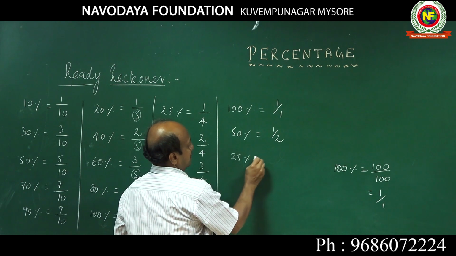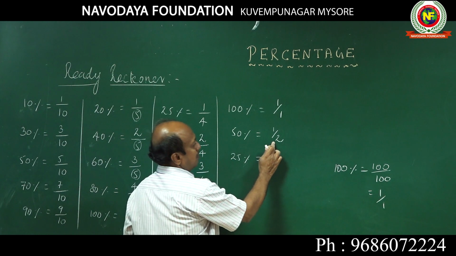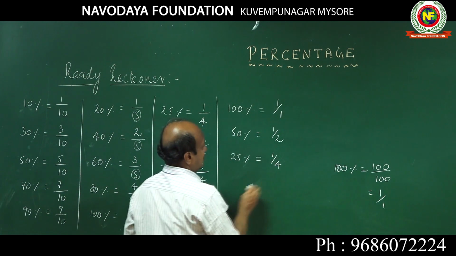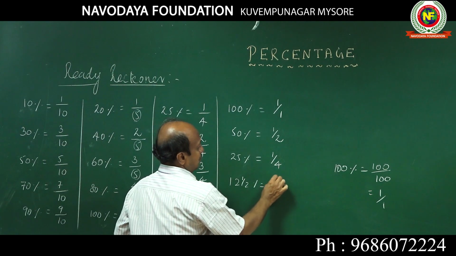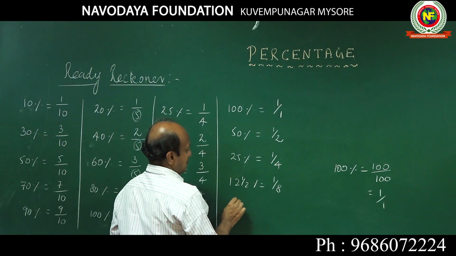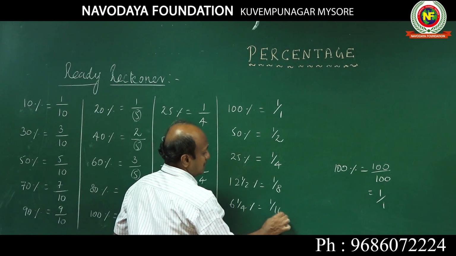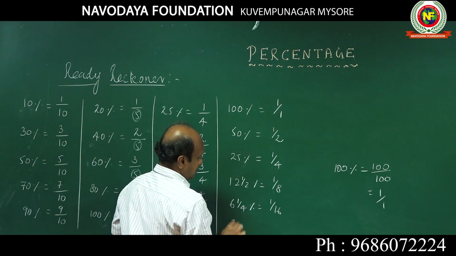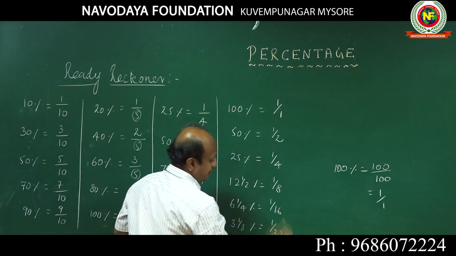Next, 25 percentage. Half of 50 is 25, therefore half of half is nothing but 1 by 4. Next, 12.5 percentage is equal to 1 by 8, half of this. Next up, 6 1 by 4 percentage is nothing but 1 by 16. Next up, 3 1 by 8 percentage is equal to 1 by 32.